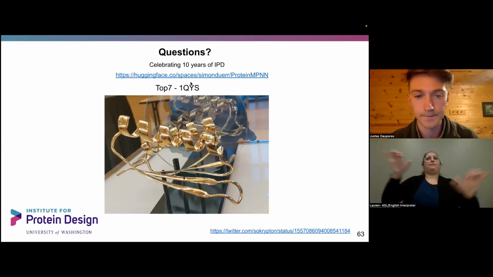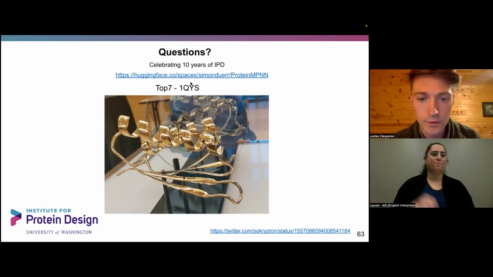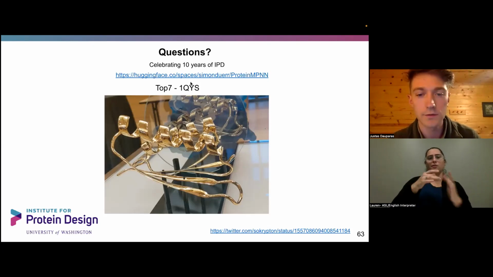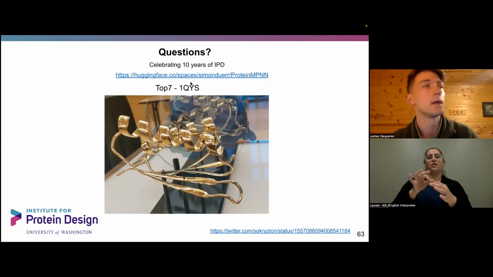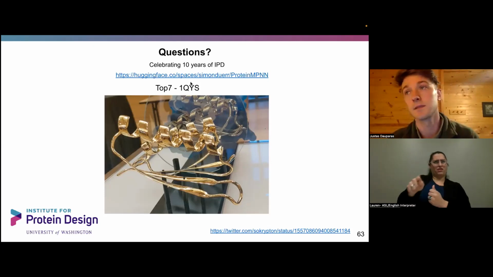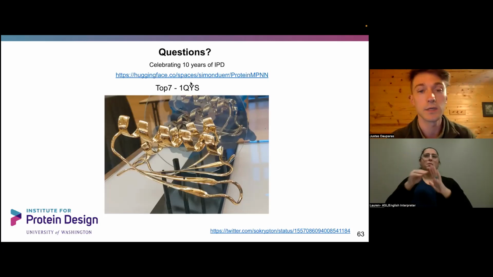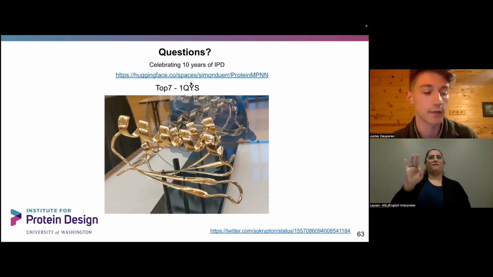Another question is, in natural language, random order models usually do worse than forward decoding. Do you have any intuition for why that's not the case here? One answer is that there's not much data, so it's quite easy for the model to overfit, and maybe learning multiple decoding orders is preventing this overfitting.